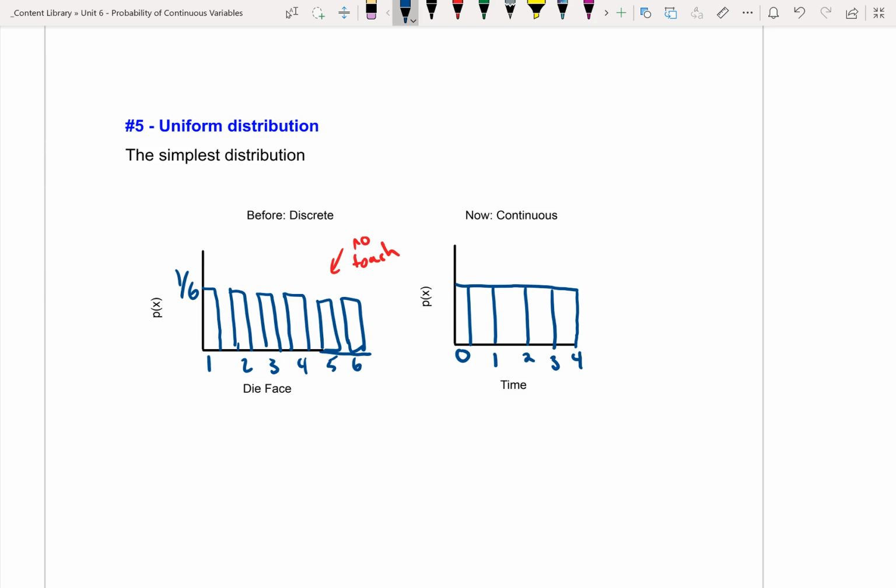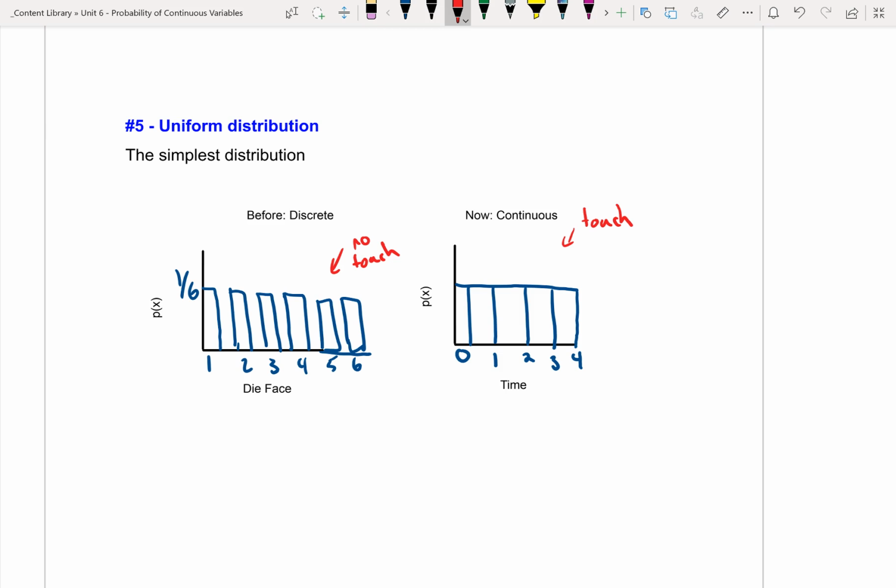So it includes all values between 3 and 4, or in this case between 0 and 4. Whereas with discrete, it was only 1, only 2, only 3, only 4, only 5, or only 6. So that's the key difference between how they look. So the bars touch this time because we're talking about all the values from one number to the next.